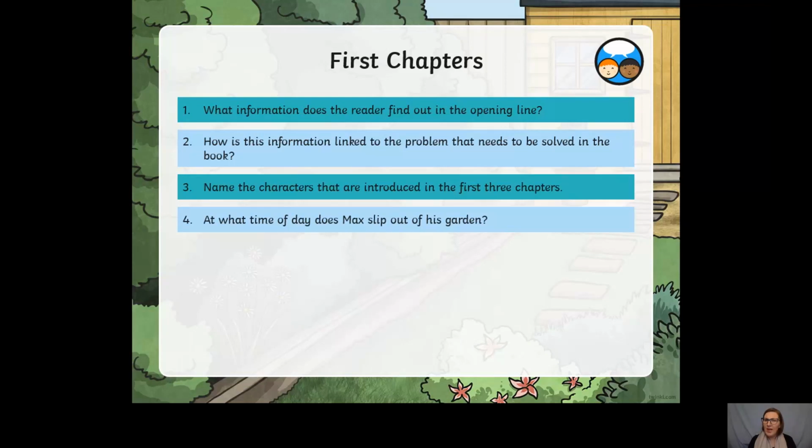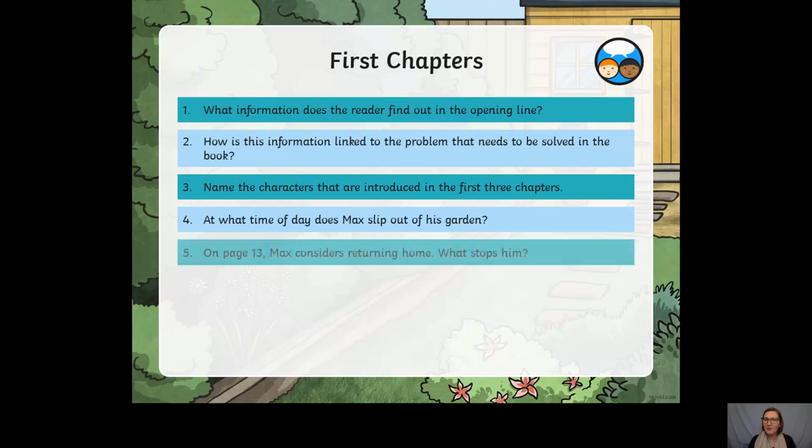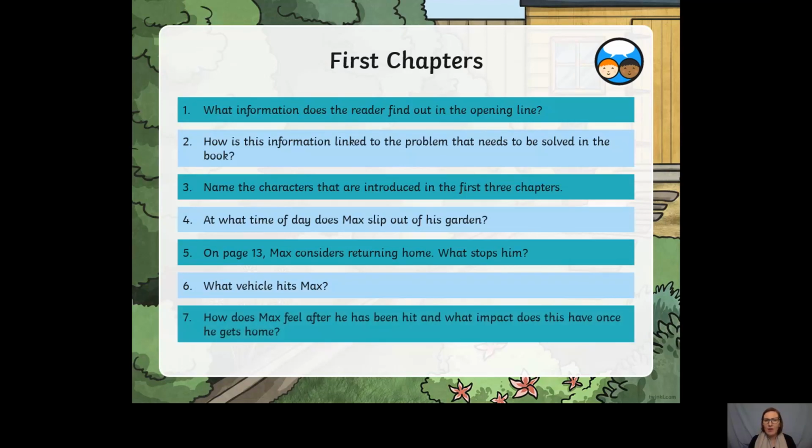And what time of day does Max slip out of his garden? On page 13, Max considers returning home, but what stops him? Number 6, what vehicle hits Max? Number 7, how does Max feel after he's been hit? And what impact does this have once he gets home?